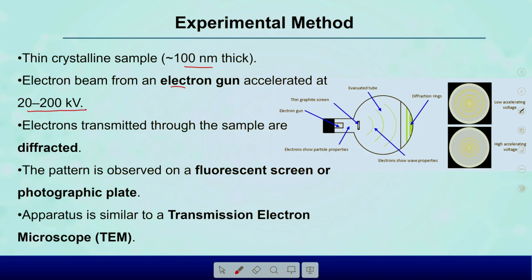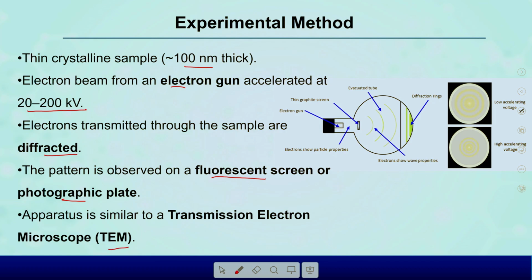The electrons are allowed to transmit through the sample and they are diffracted. The pattern is observed on a detector screen, which is generally a fluorescent screen or a photographic plate. This setup is similar to that of a transmission electron microscope, commonly called TEM.